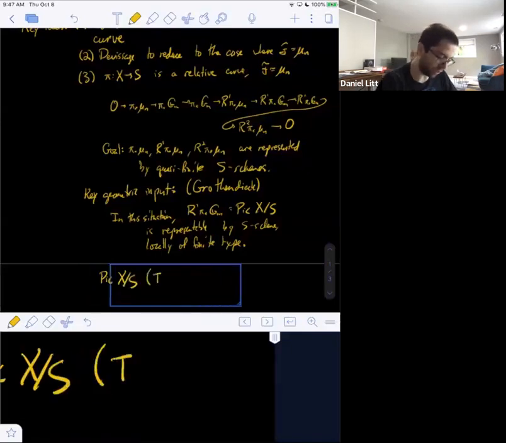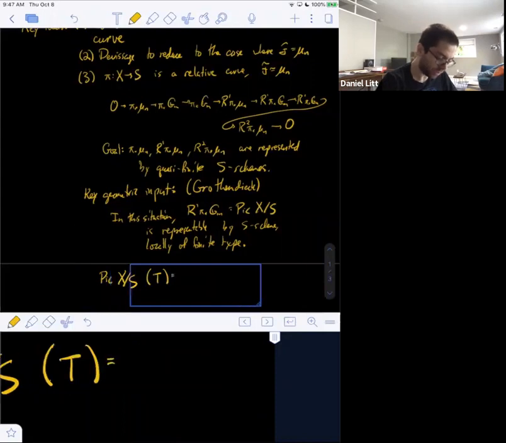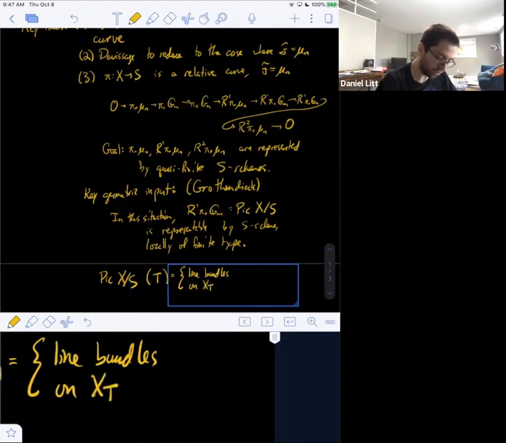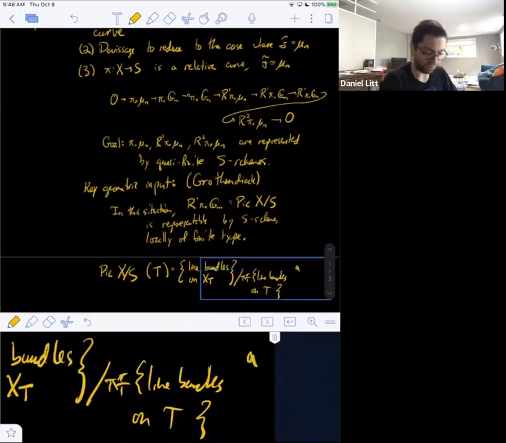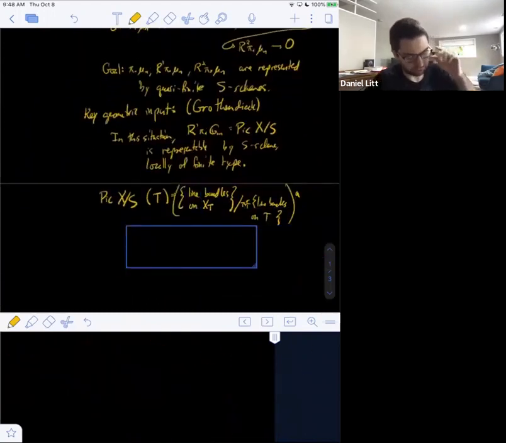When we evaluate on T, we get line bundles on the base change of X to T, modulo the pullback of line bundles on T. And this is not a sheaf, so it's actually the sheafification of this that one gets. So it's really not at all trivial that this is representable.